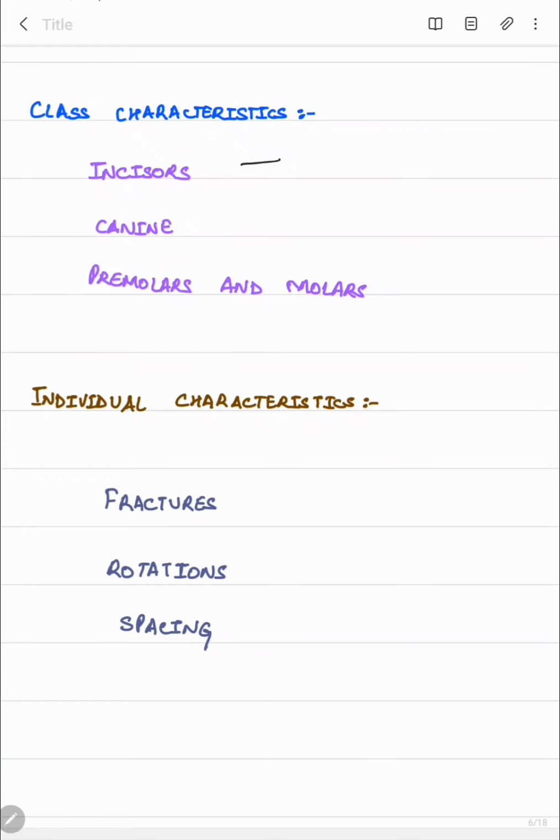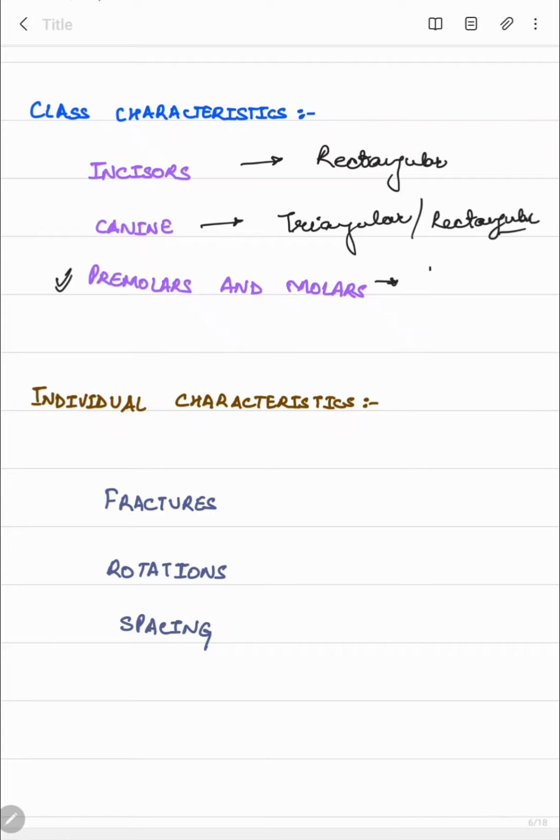Incisors produce rectangular bite marks, whereas canines will produce triangular or rectangular ones depending upon the amount of adhesion. And thirdly, premolars and molars will produce spherical or point-shaped bite marks, right?